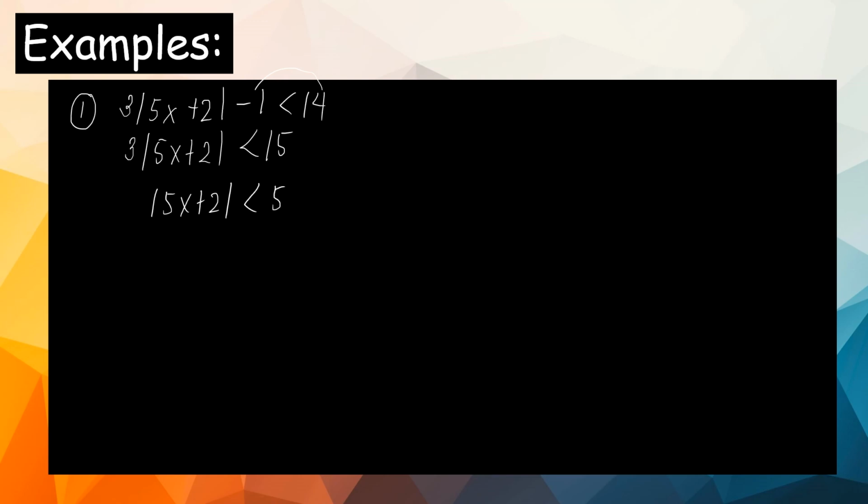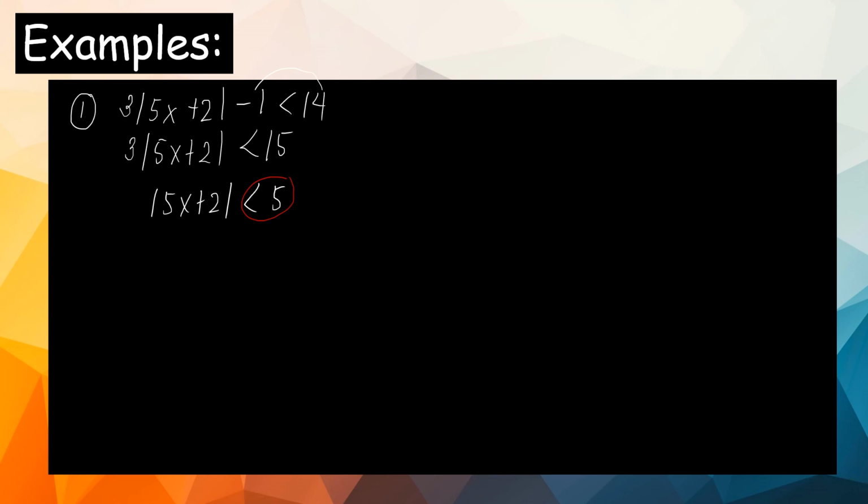Now you can check which rule you should follow. We have here less than 5, or less than a positive number. If we go back to the list of rules, you should follow rule G. Let's recall what rule G is all about.